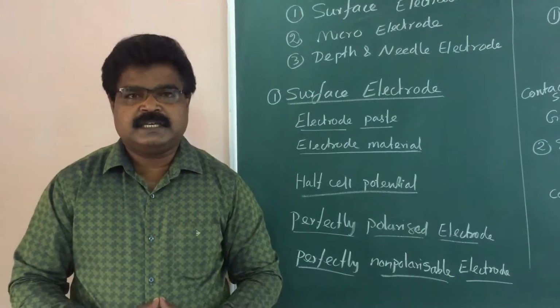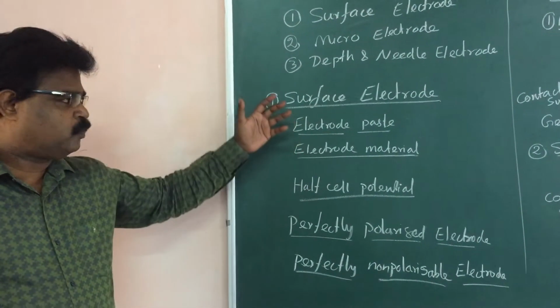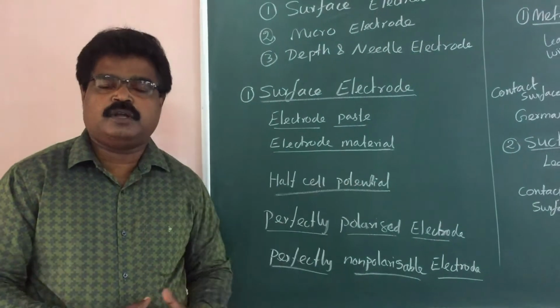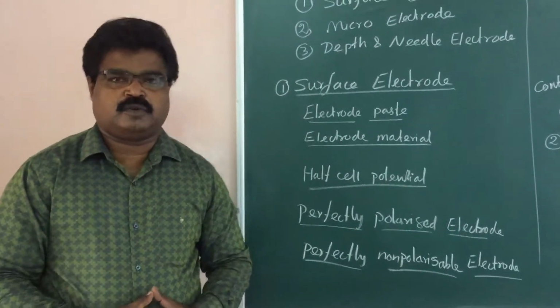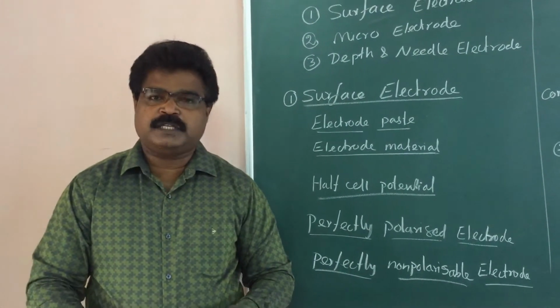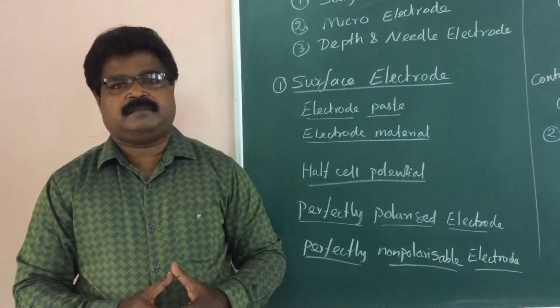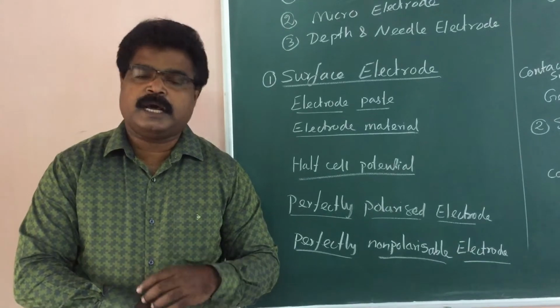First we will discuss the surface electrode. Before going into detail, you must be familiar with some of the terms. One is electrode paste. The surface electrode is placed over the skin. Suppose you place it just over the skin, what will happen?